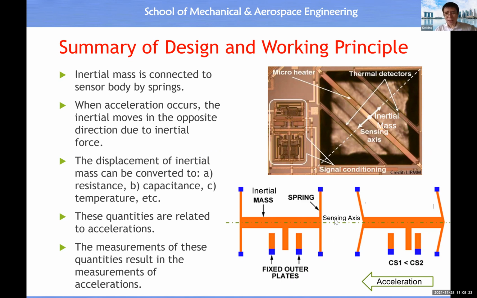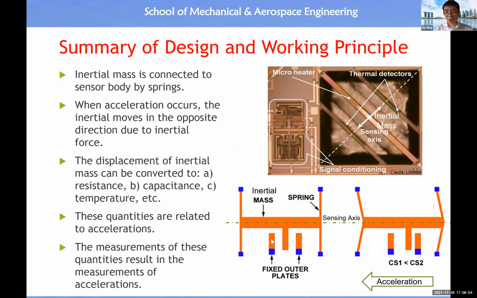Okay. Then we also have this sensing axis. So if you have a 3-axis sensor, then you must have 3 perpendicular sensing axes. Okay. So this sensor can only sense acceleration along this axis. For example, if we have acceleration toward the left-hand side, then the inertial mass will shift toward the right-hand side. When this shifts, then you see we have this variable capacitor.